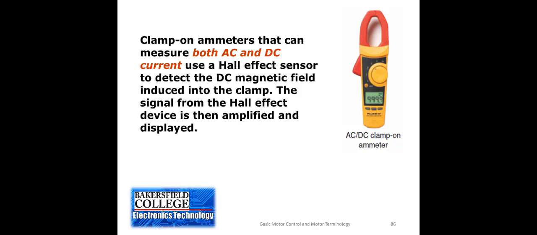Well, now we can buy clamp-on meters that make no physical contact. You just clamp them around the wire, and we can measure not only alternating current, but direct current as well. And that's because of the advances in Hall effect semiconductor technology.